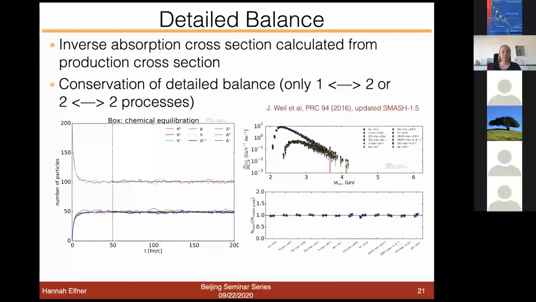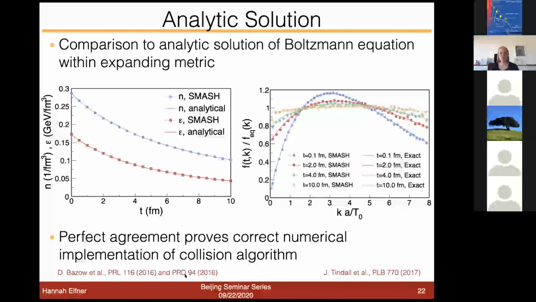And then we did also another check, which was possible because some colleagues here calculated an analytic solution of the Boltzmann equation within an expanding metric. So we actually were able to have also an expanding sphere scenario, which we could adapt to that metric.